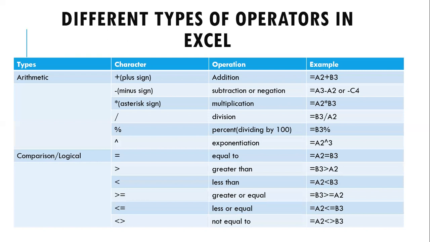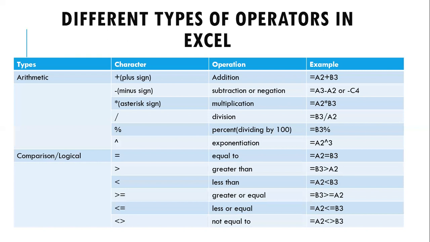Moving on to the other types of operators, which are comparison or logical. These are such as equal to, where you can use the equal sign, greater than, less than, greater than or equal to, less than or equal to, and not equal to. For example, for the equal sign, maybe A2 equals A3.